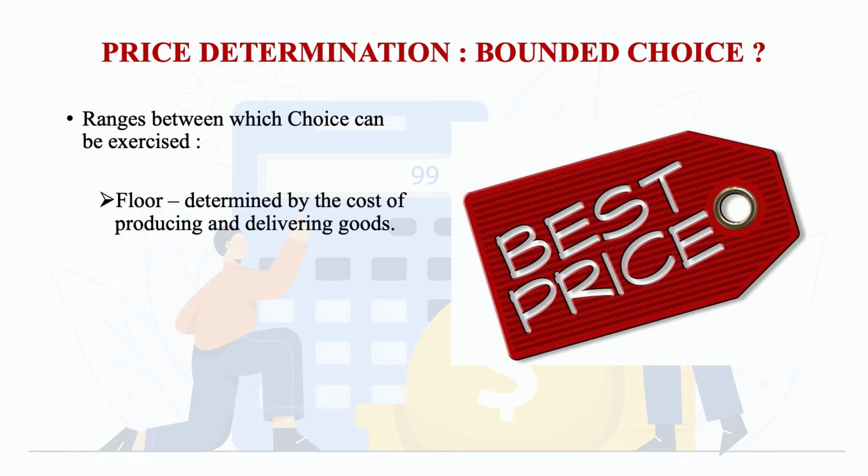The floor of your decision is provided by the cost. No company can keep on pricing its product below the cost at which it is producing the goods. In order to survive, you need to cover your costs and you need to create a margin so that you can grow and you can have some returns on the investment that you have made. So for every price decision, the floor is given by the cost of producing goods and delivering goods.